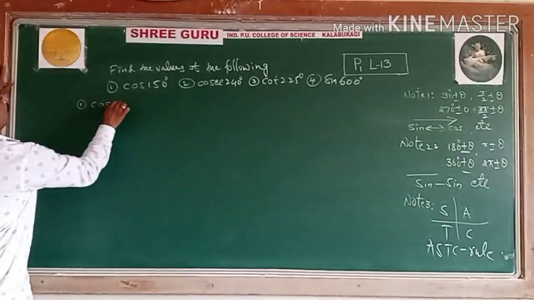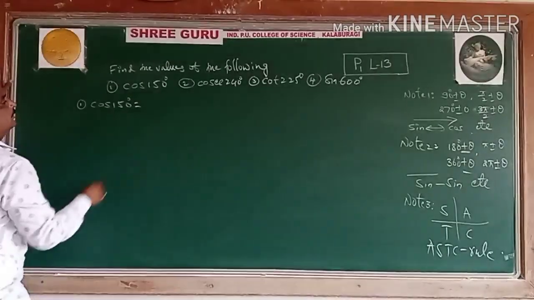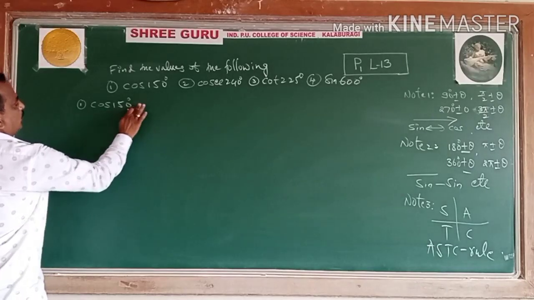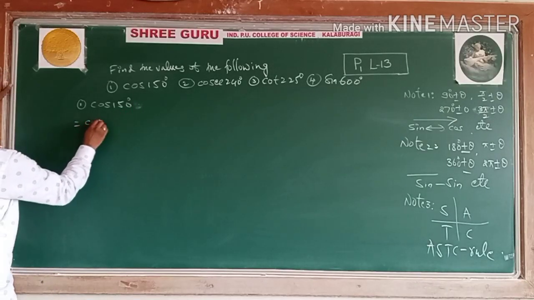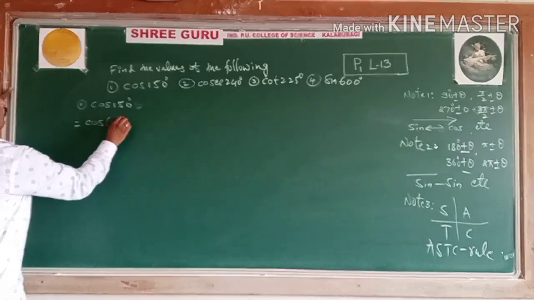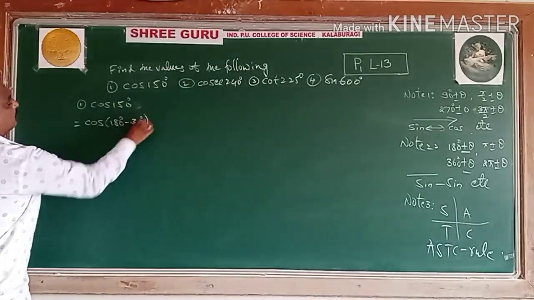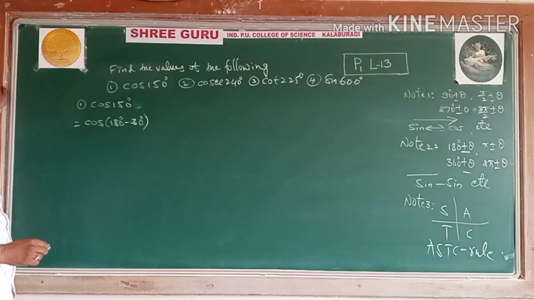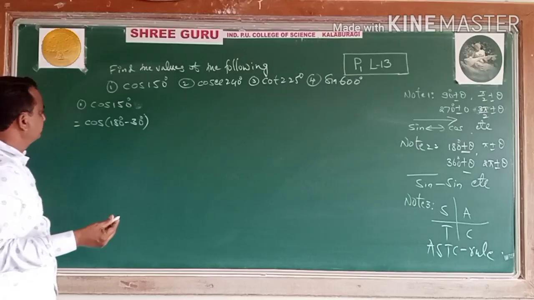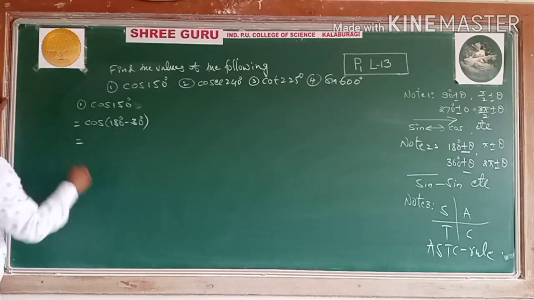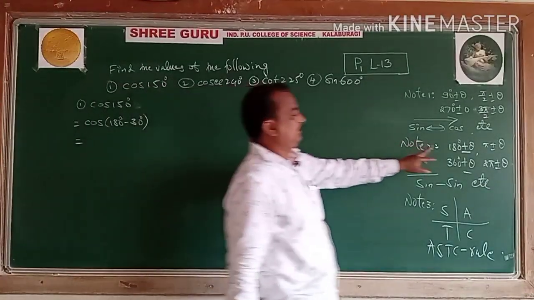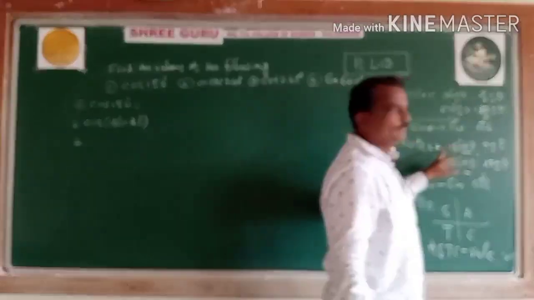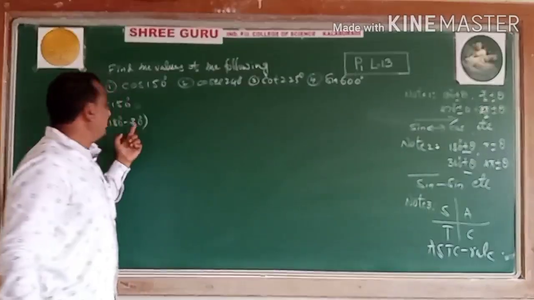See example number 1: cos 150 degree. I will write 180 minus 30, or you may write 90 plus 60 also. When the angles are 180 minus theta or plus theta, theta is 30 degree here, an acute angle.